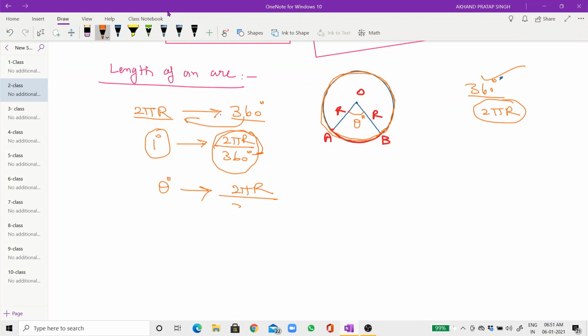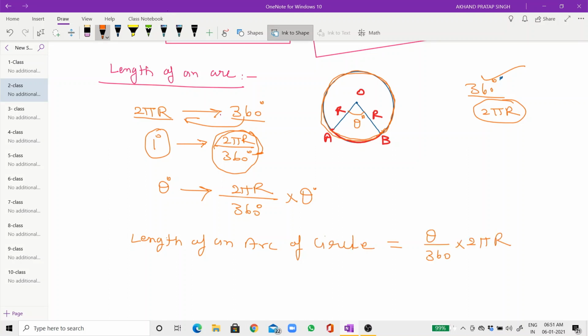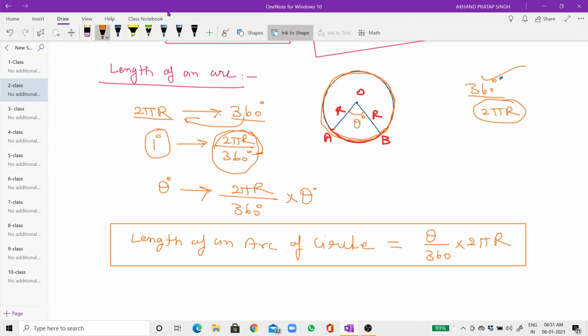In a systematic way, the length of an arc of a circle is equal to theta upon 360 into 2 pi r. So this is a formula.